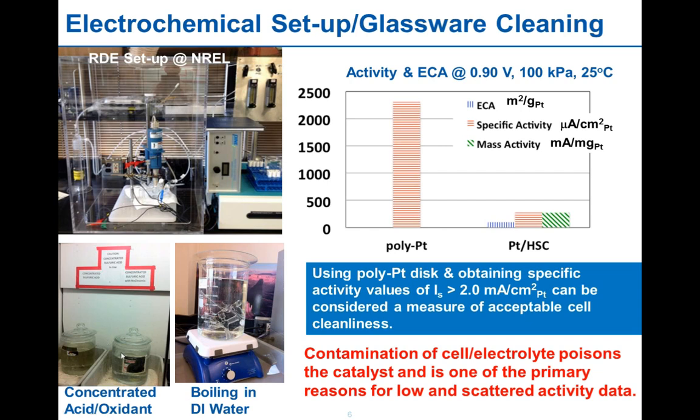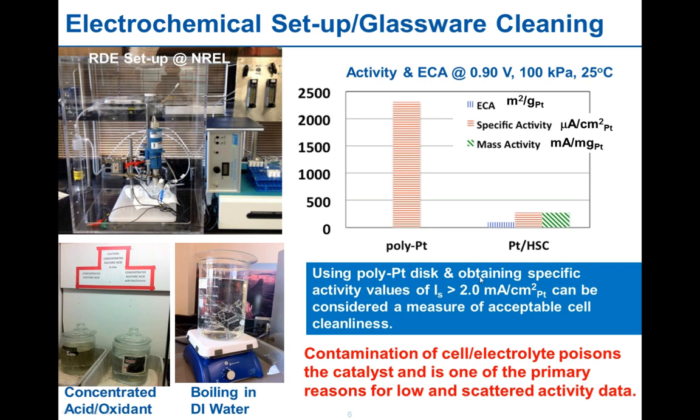This kind of cleaning is carried out maybe once or twice a month, depending on how much you contaminate your cell. But the one that's done more often is boiling in deionized water. One needs to wash or boil the cell in deionized water and change the water about 6 to 8 times in order to clean the cell properly. And how do we figure out if your cell is clean or not? One of the ways is as follows.